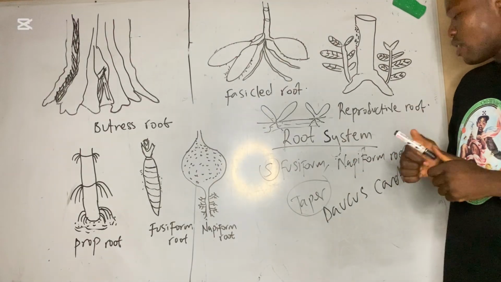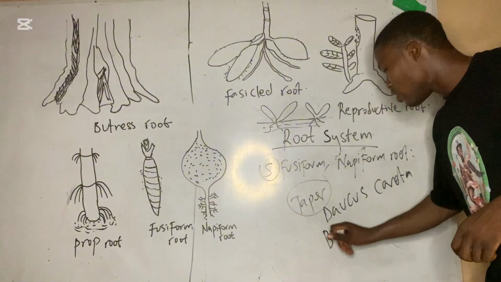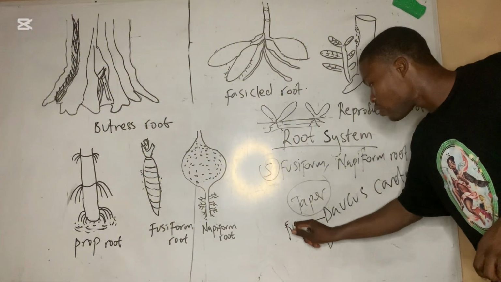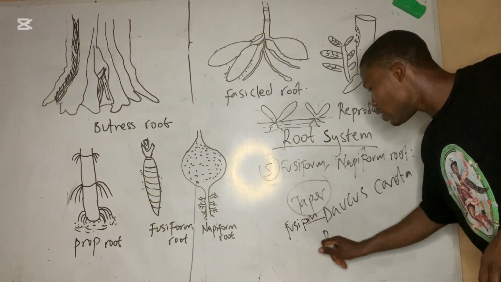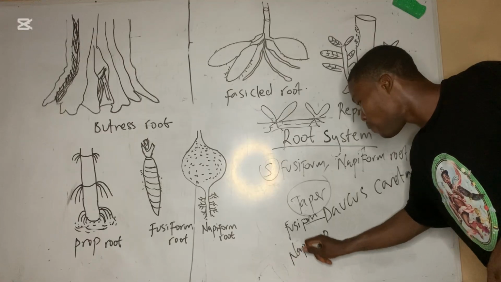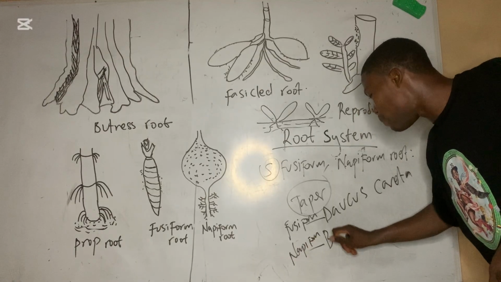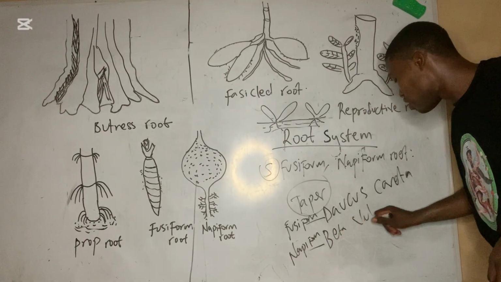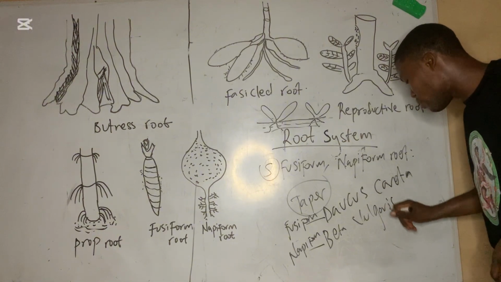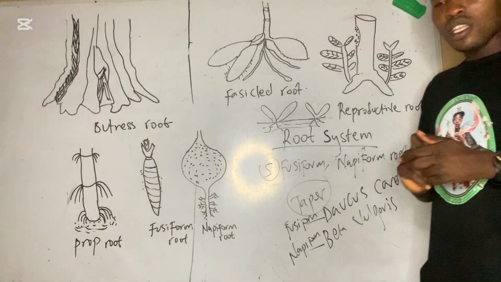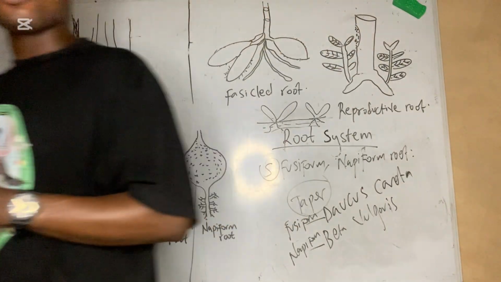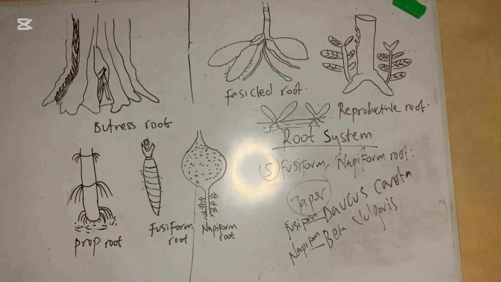This is fusiform. This is napiform, Beta vulgaris, sugar beet. That's fusiform, that's napiform. So you can see how distinct they look.